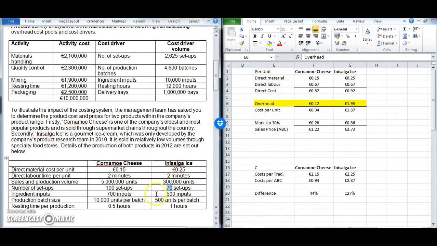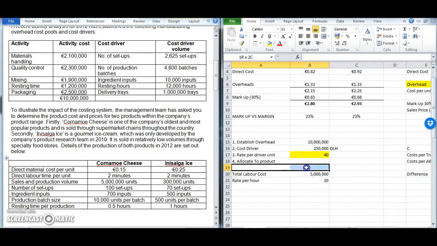Same goes for inputs, and for production batch sizes in terms of number of batches. Number of batches here was 500, number of batches here was 600. So although the high volume product has more units, it is the resource usage in terms of the different activities which the ice product takes a lot of, and therefore if it consumes a lot of activities, it should be allocated a lot of the overhead.